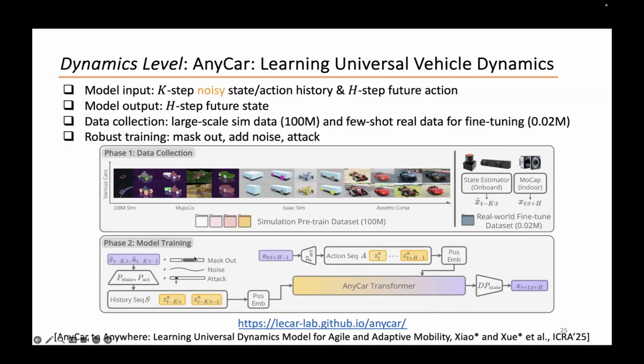We add random masking, random Gaussian noise, and random attack here, if you can see my cursor, on the history of state and action. All this robustness design is trying to mimic what's going to happen in the real world, trying to make the model robust. This really makes the AnyCar paper scalable and work pretty well in the real world. Okay.